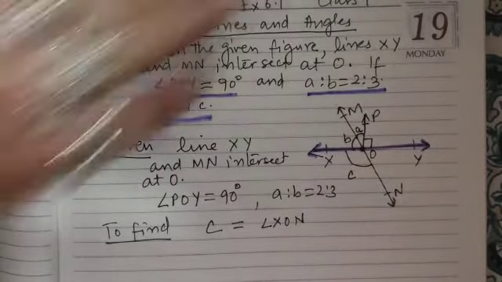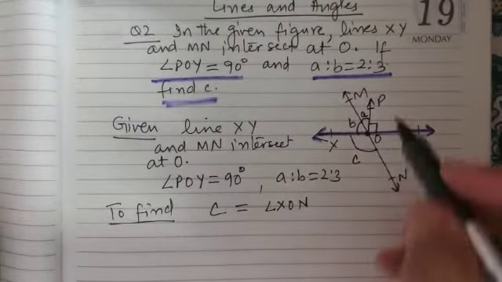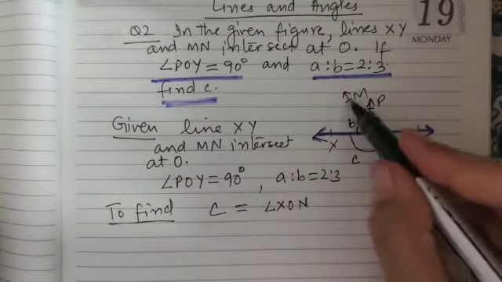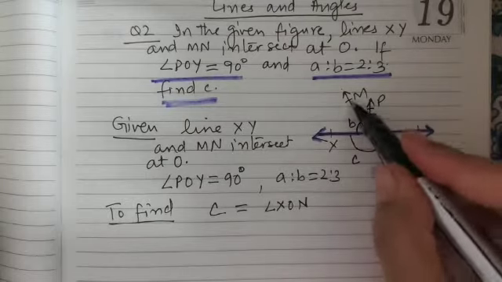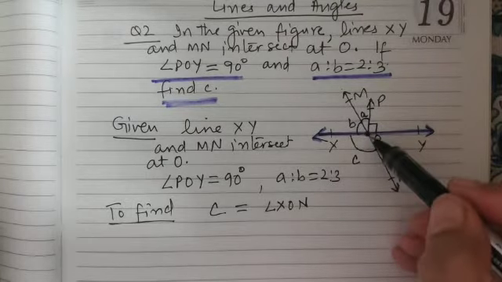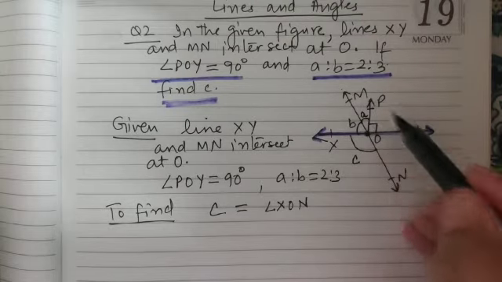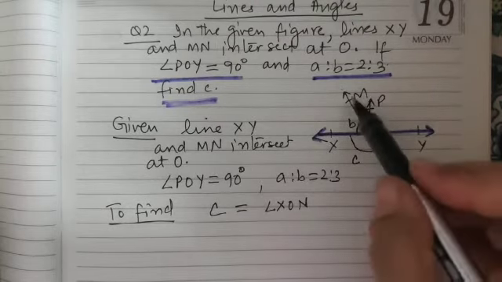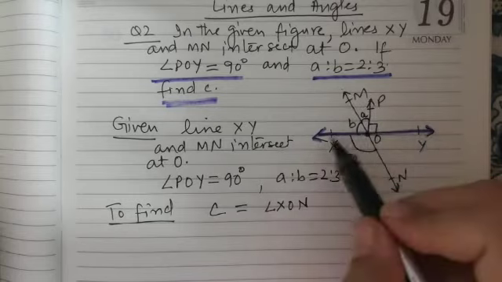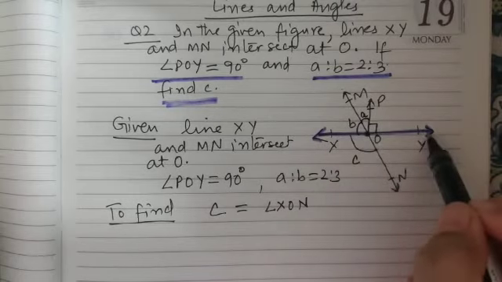You tell me one thing here, OM is a ray. Similarly, if you see here, OP is also a ray. Right? I am talking about two rays which fall on the line XOY.